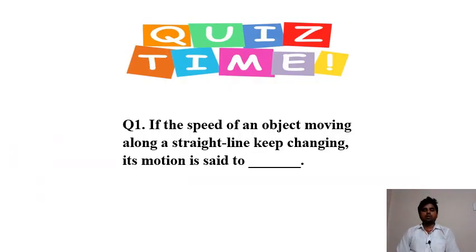Now, if the speed of an object moving along a straight line keeps changing, its motion is called uniform motion or non-uniform motion?